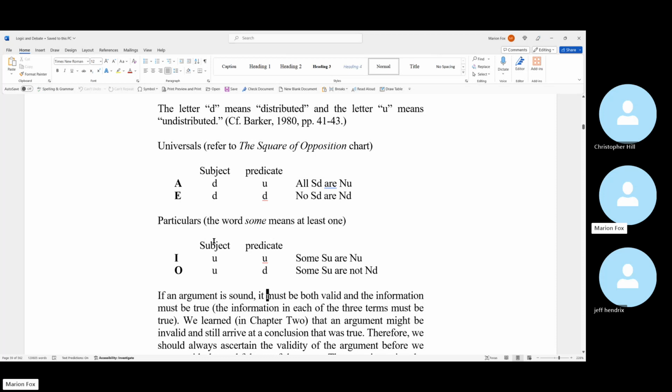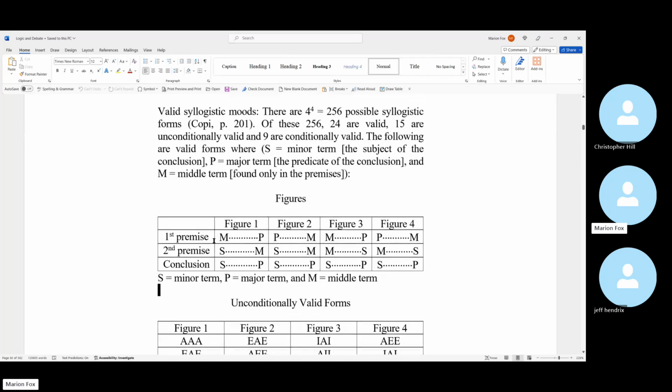Now, let's go down here and look just a minute. We also have four different figures of these, depending on where the middle term is found. Figure 1, the middle term is here, and it's here. Figure 2, they're both here and here. Figure 3, they're both here and here. And figure 4, they're here and here.